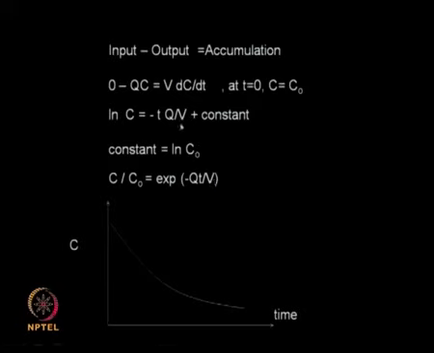It is a first order process, so a solution for a first order process will always look like this. It has exponent minus Q, the flow rate, times t, the time, divided by V, the volume of the tank, so it is going to fall down exponentially.